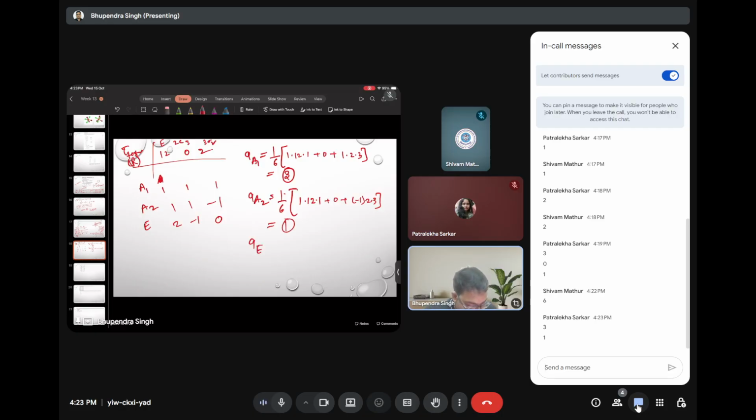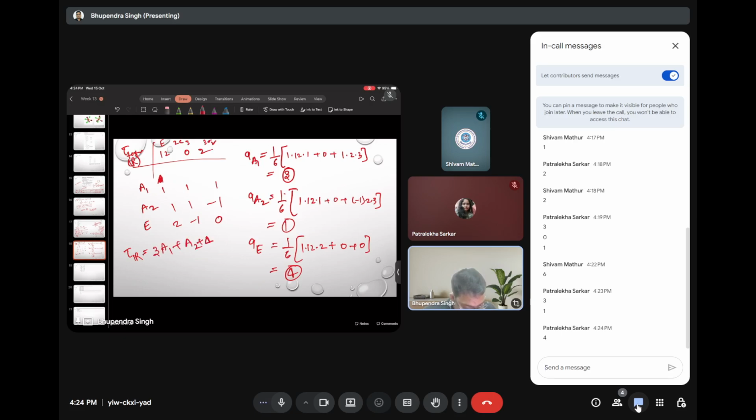For the contribution of E, tell me the answer. 4, yes. So the irreducible representation will be 3A1 plus A2 plus 4E.